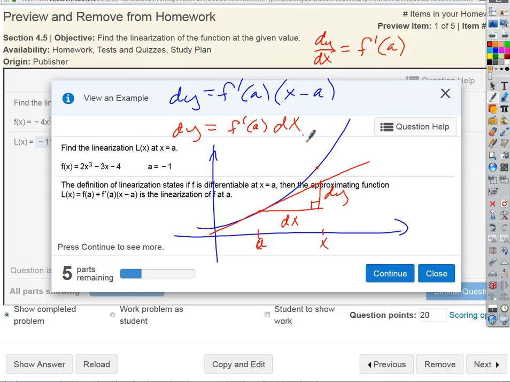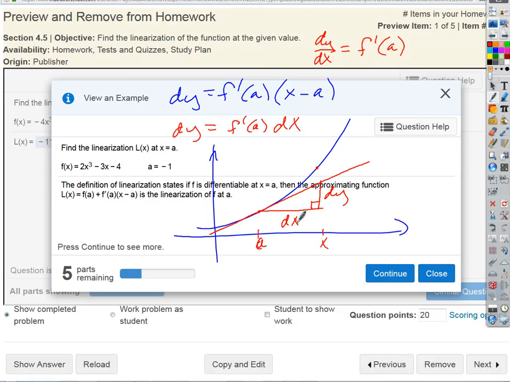It really is probably better to think of that as being dx, because it matches the real world better; dx looks like the amount that we're changing something by. So to answer your question, when you see x minus a, just think of the picture. That's just dx. You could do it with dx. When you look at their examples, they're going to say x minus a. That's where they get that.